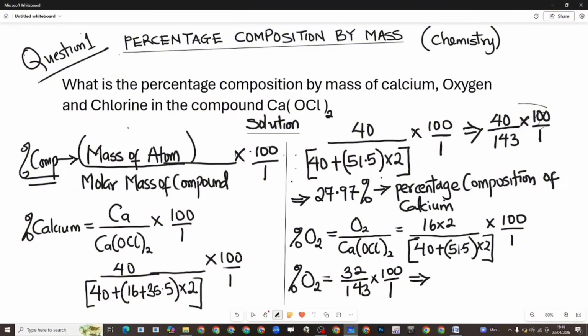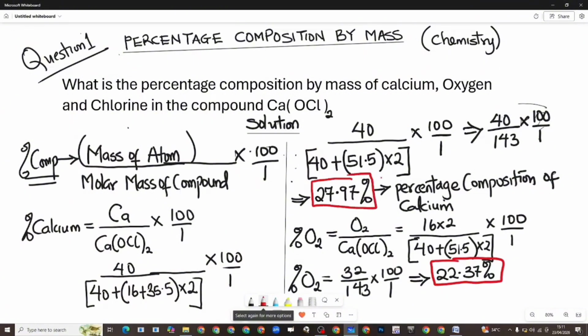And if we do that, it gives us 22.37%. Are you seeing it now? That is the answer for oxygen, and this is our answer for calcium.